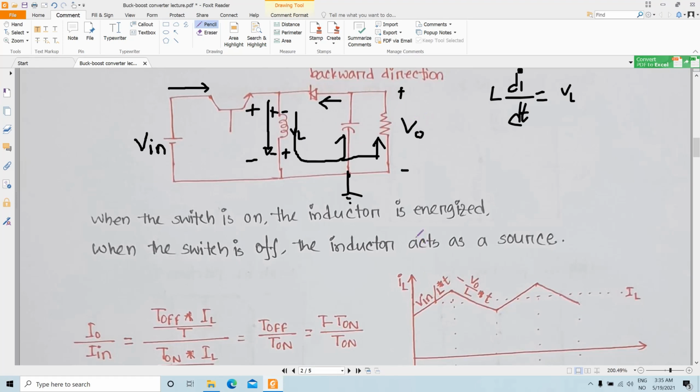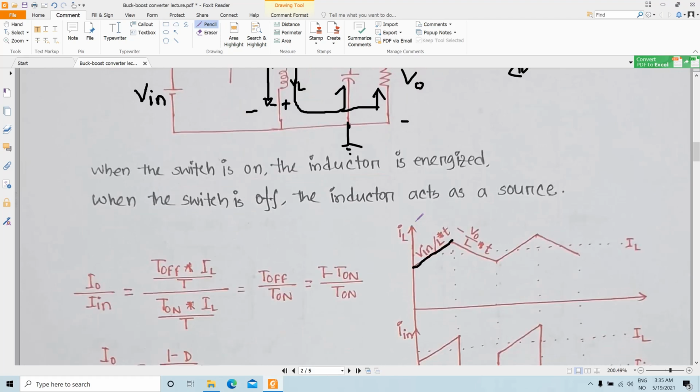And if you integrate your VL, you get your inductor current like this. It goes up for the time when it is charging, and then it goes down, when the energy stored in the inductor is dissipated during this time.